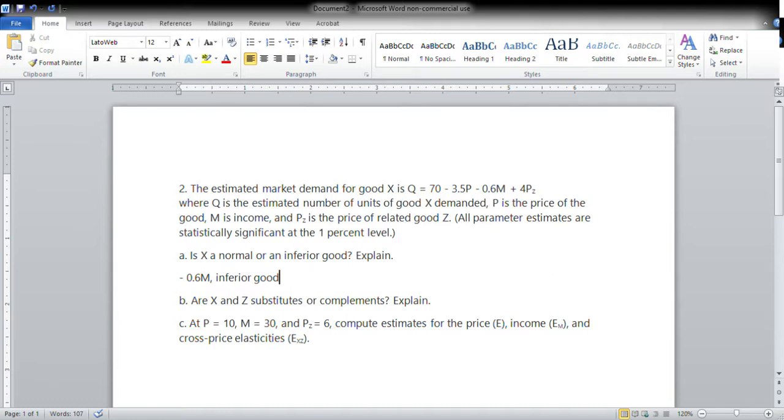To try to put this in real world context, the more money you make, the less likely you are to buy X. You are 0.6 less likely to buy X. And because it is negative and it is an inferior good, to put this in a real world context, again, you can maybe think of X like dry ramen noodles.